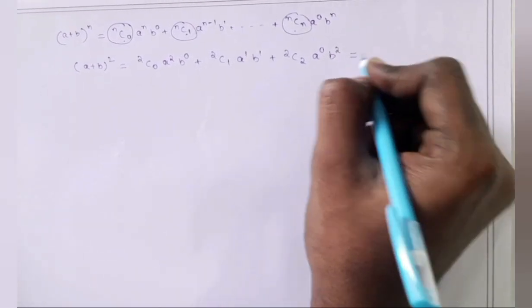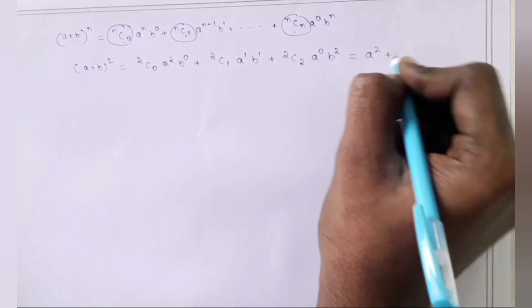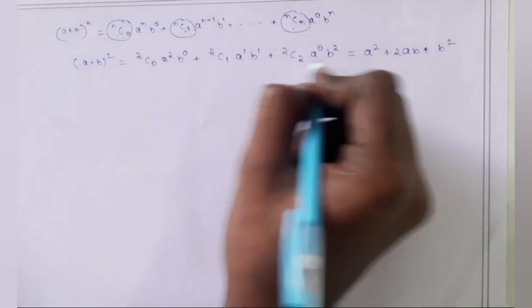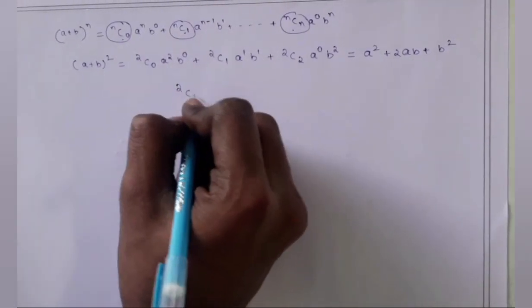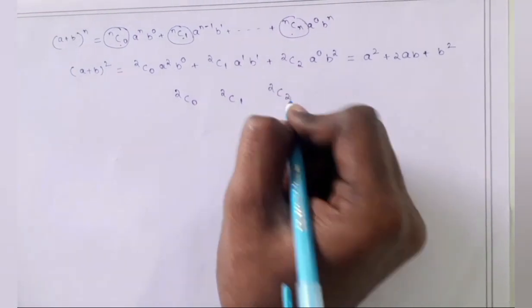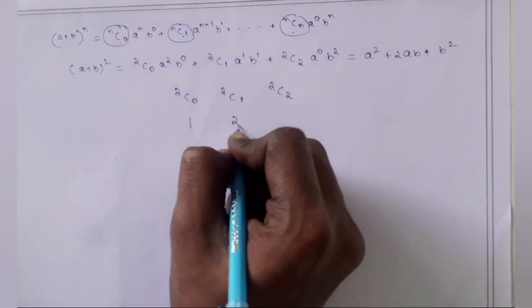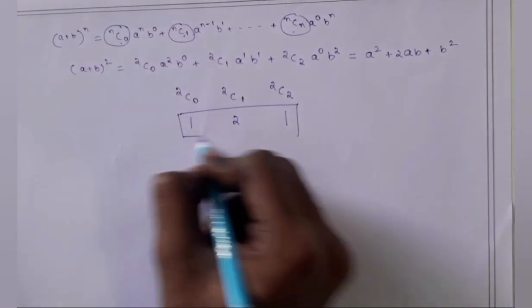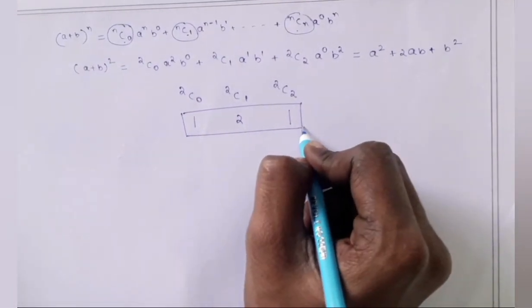It is written as a square plus 2ab plus b square. So these three terms, 2C0, 2C1 and 2C2, give 1, 2, 1. These are the elements of Pascal's triangle.